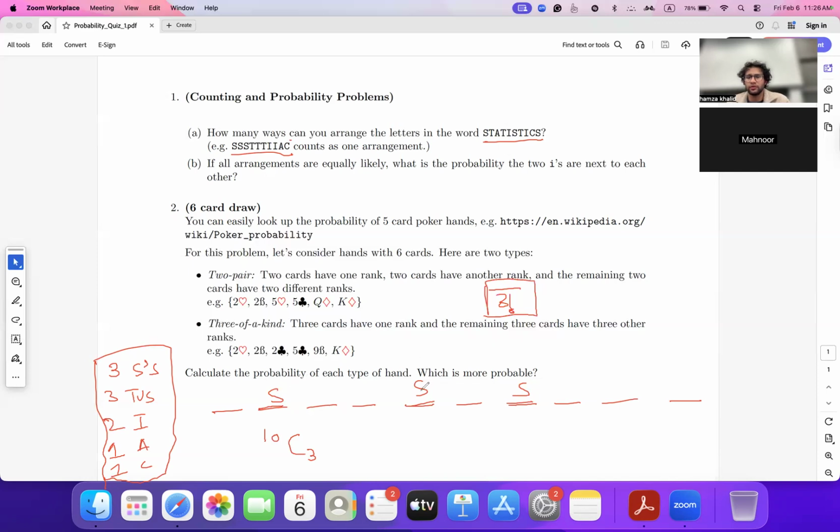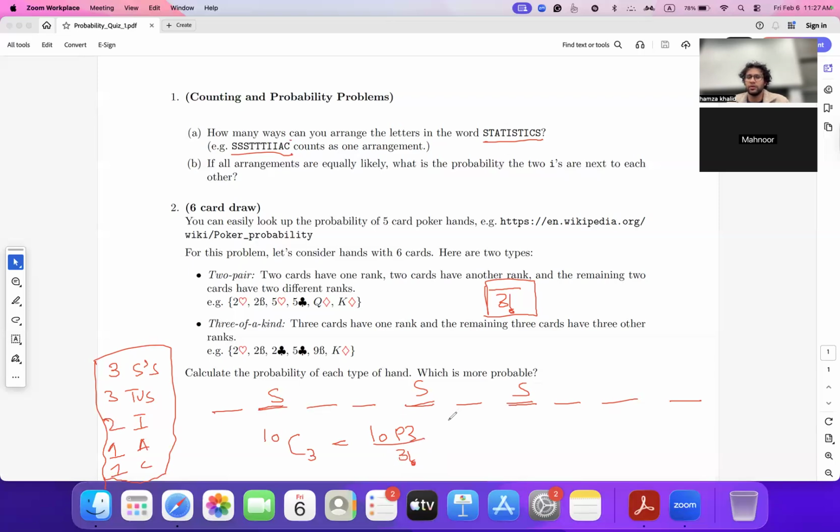But if I switch these, my arrangement does not change, right? Yeah, if you switch the S's. My arrangement does not change because they are indistinguishable from each other, right? So the way I like to think about it is that it's actually 10P3 over 3 factorial, where this is preserving the order and this is taking into account the repetition.